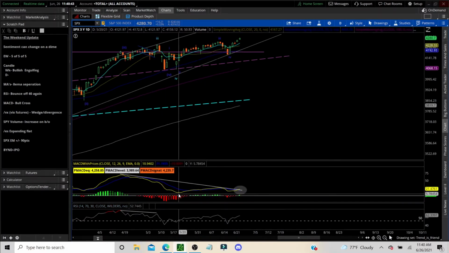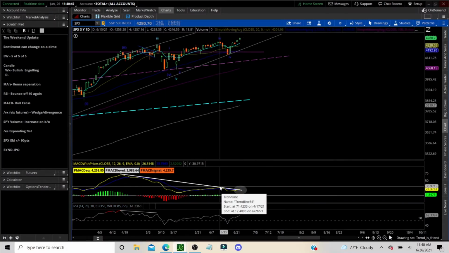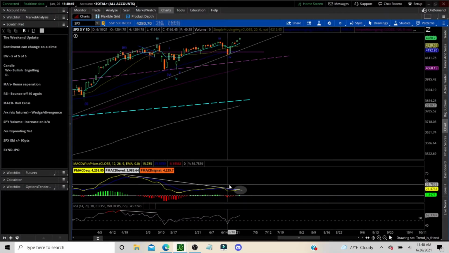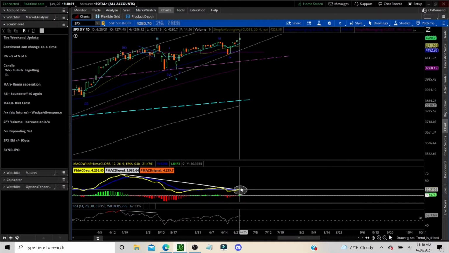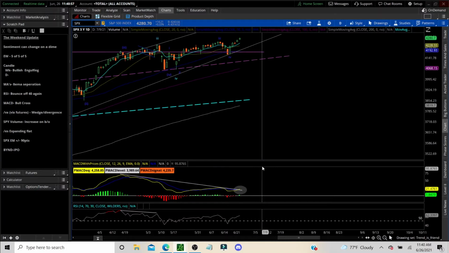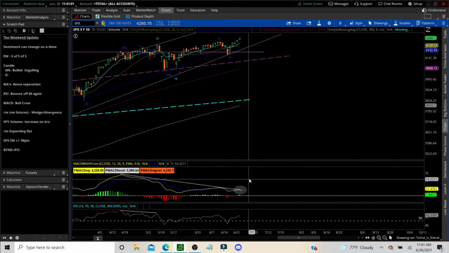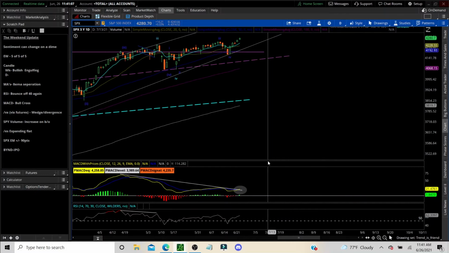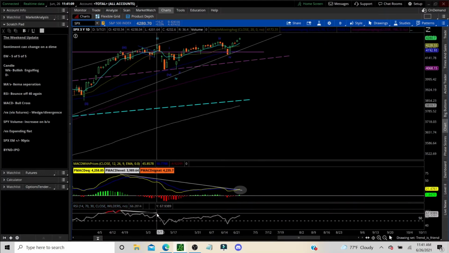Coming off support here, bouncing up with bearish divergence and bouncing again, but this is like a trend line, and it appears we're going to try to break through that trend line, start working our momentum back up. Unless we burn through the divergence and make a new high in the MACD, we're going to look for just a lower high for another bearish divergence, and then we'll start heading lower at that point. That's how we're looking at it.